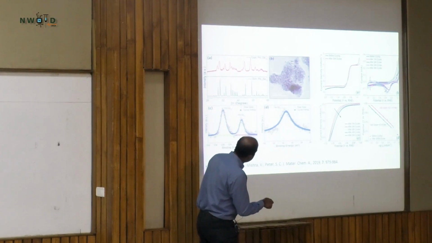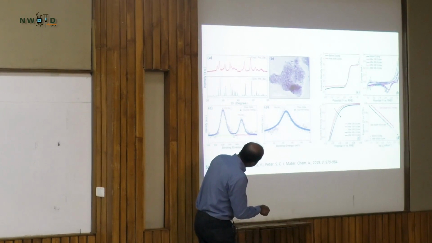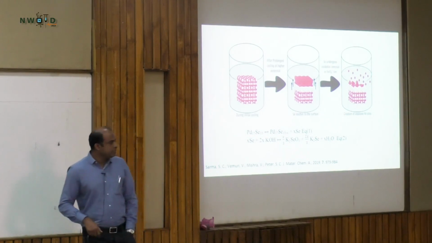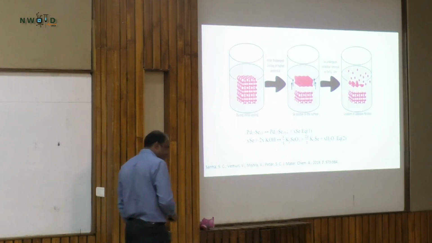So he has done a lot of analysis. You can see that a selenium oxide peak is forming and a selenium reduction peak is forming. And even after 50,000 cycles, this is in each step, every 10k cycles, and you see that there is no difference. And we have done detailed in situ X-ray studies to understand the mechanism.